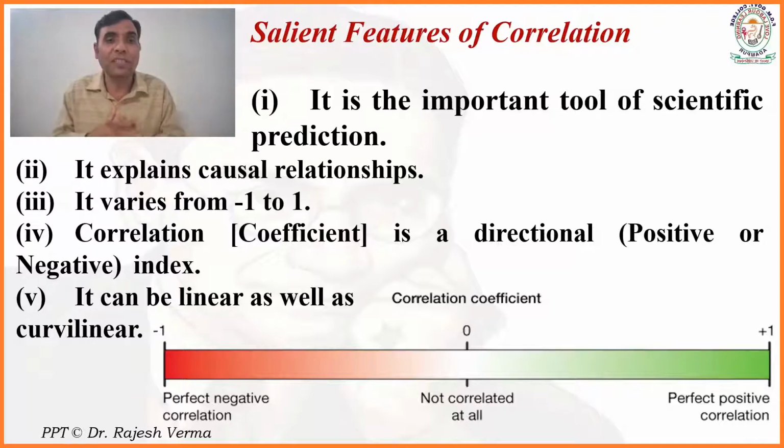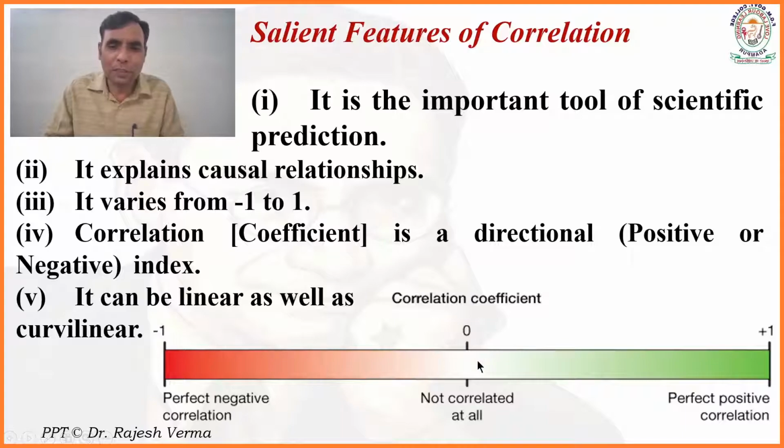The next important feature is that correlation is a directional index. It's a very interesting feature of correlation. It explains the direction of the relationship between two variables. So what is direction? Whether it is a negative one or a positive one. See, this is a continuum of the relationship. If your value lies here, then there is no relationship between the two variables.